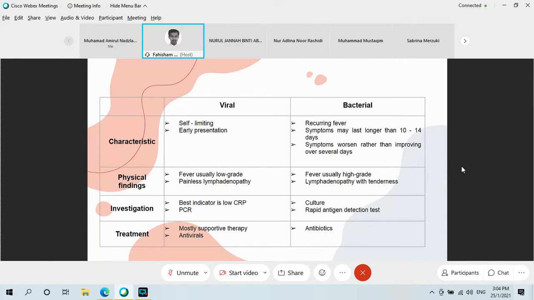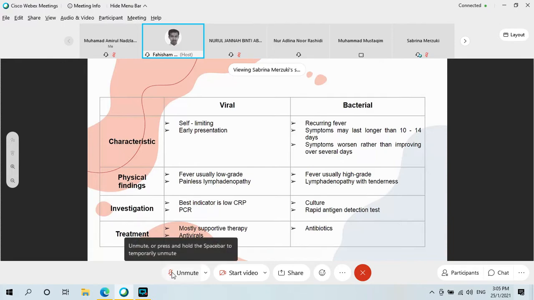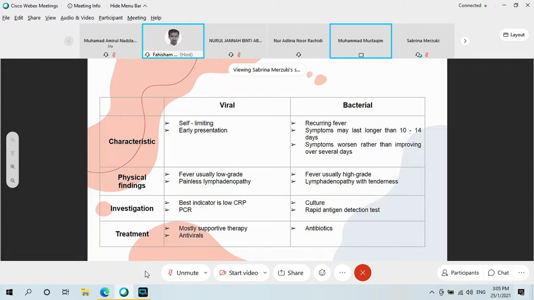Is there any simple test that might give you a clue to what is viral and what is bacterial? Antigen test. Okay, but that's specific, isn't it? What is the simple test that you do? Usually, if a patient comes to you, what are the most important common investigations that you do apart from CRP? What blood test?